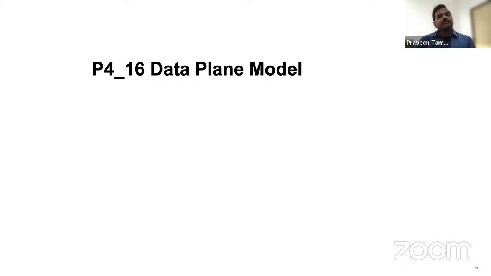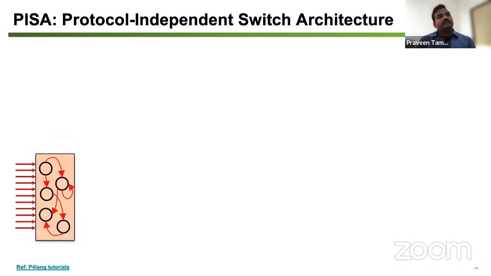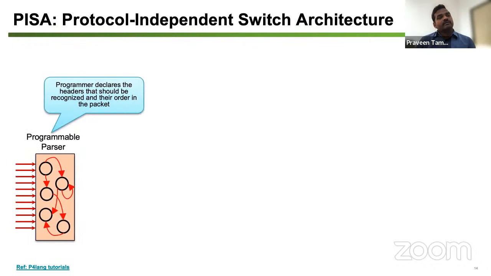Right. So in P4-16, the P4 language is designed based on one abstract data plane model, that is PISA, which stands for protocol independent switch architecture, where these are the building blocks.